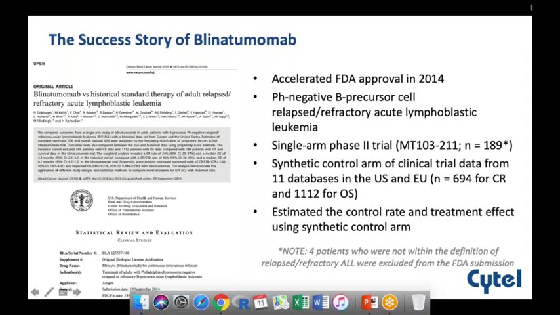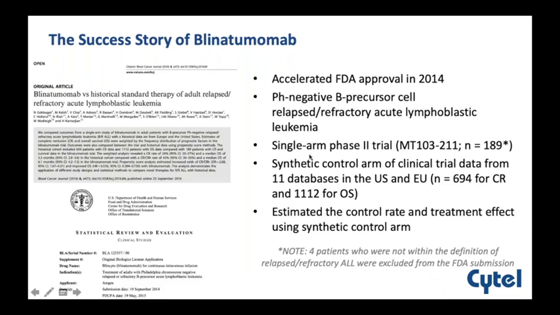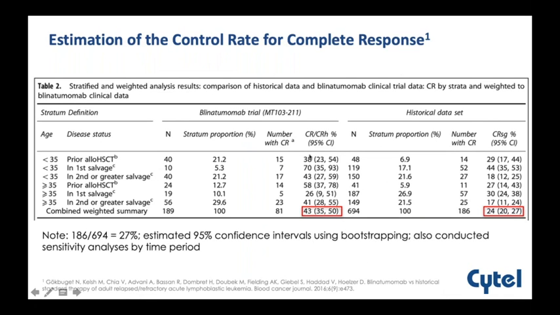They then used this data and estimated the control rate and the comparative treatment effects on complete response and overall survival and a number of different outcomes. The way they did this was quite exhaustive, with a lot of different analyses. This slide and the next are just a quick excerpt of what they did.